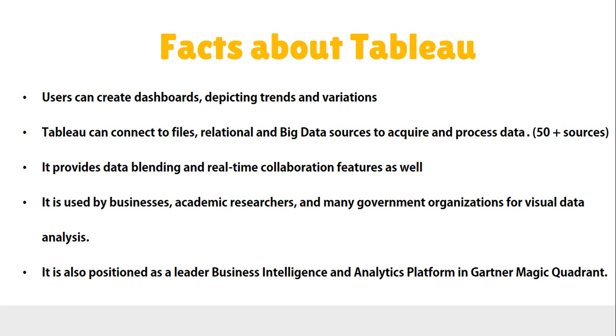That means if your data is from multiple sources, or in different types, like let's say we have one Excel sheet, another a CSV sheet, or a PDF file, we can take those different formats of data and combine them together in Tableau and use them together as well.